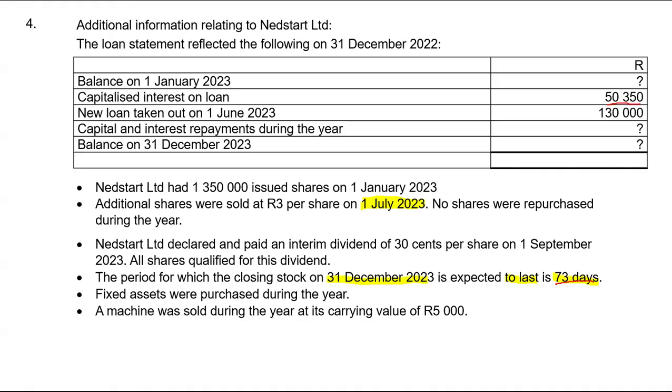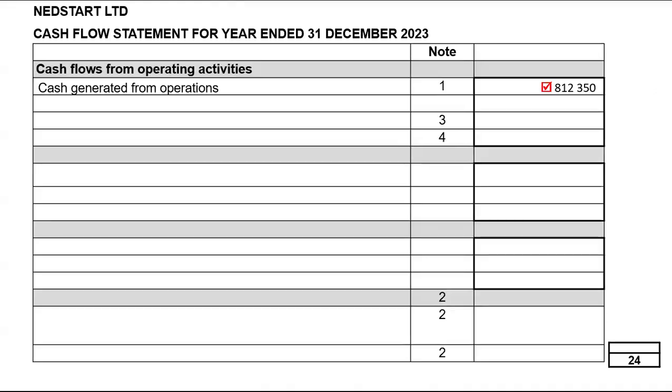But if it was capitalized, you will calculate it just like you calculate dividends paid. Last year's amount, you put it in brackets because we need to pay this year. You take interest from the income statement, you put it in brackets. Interest from trade and other payables, which is accrued expense, you will put it without brackets because that one will only be paid the following year, and it will give you interest paid. But you didn't need to do that here because it was just given to you as 50,350. Interest paid will be 50,350.